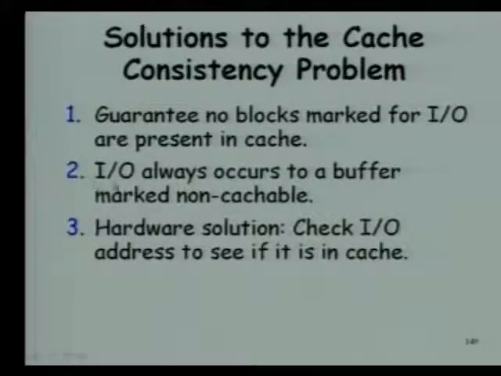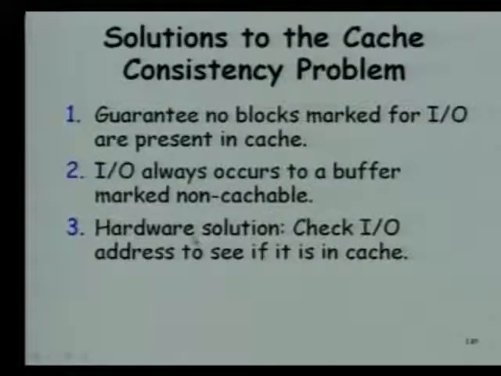The second solution many computers use is that I/O always occurs to a buffer marked non-cacheable, and then it is accessed later from that buffer by the cache. So, this will be copied to its proper place and then it will be accessed. So, the I/O occurs to a special buffer which is non-cacheable.